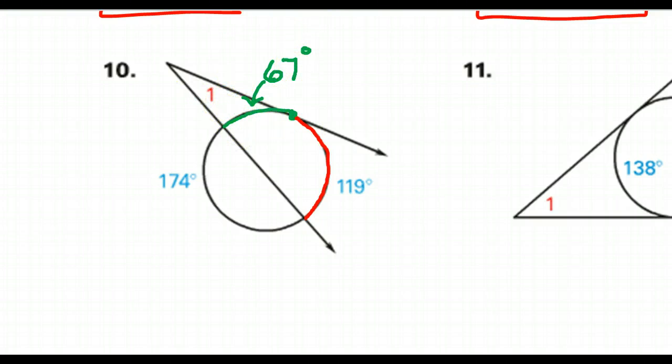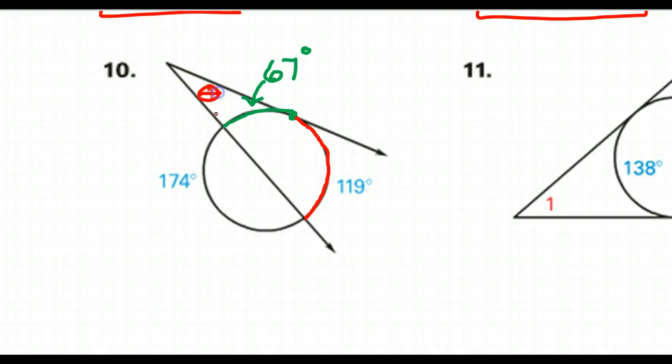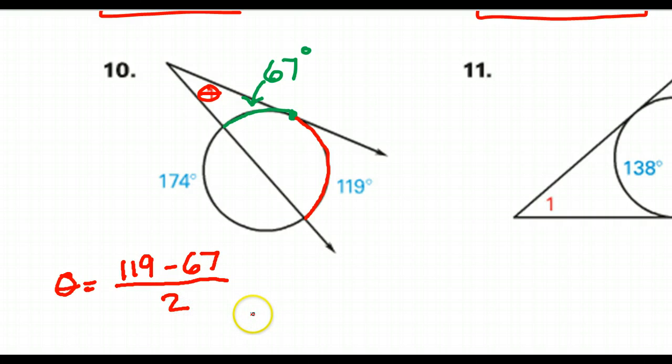So now I can do my thing. I'm going to call that theta like I have been doing. So now I can go ahead and say the angle is going to equal the big arc minus the small arc divided by 2. So that is 26 degrees.